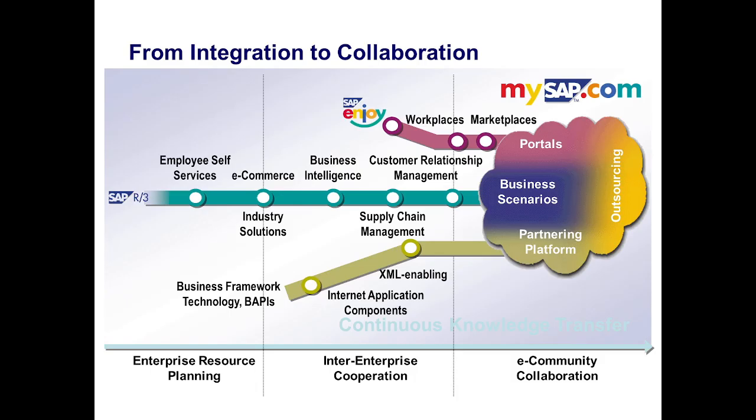It went to mysap.com integration, explained. So I told you at one step portals came into the picture. Portals are the central place where a lot of information is placed. With the portal concept, we can access it. Outsourcing partnership, and also employee self-service, ESS I said, e-commerce concept, industry solutions, business intelligence, CRM, SCM.